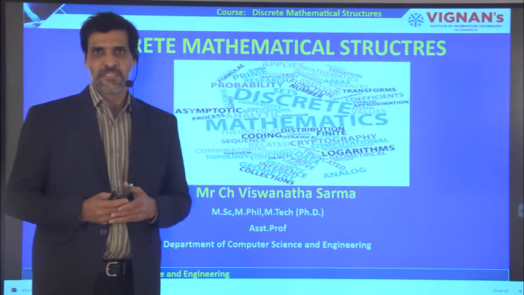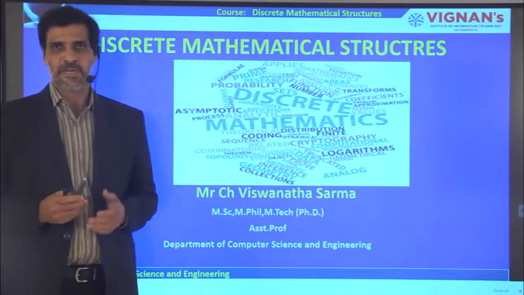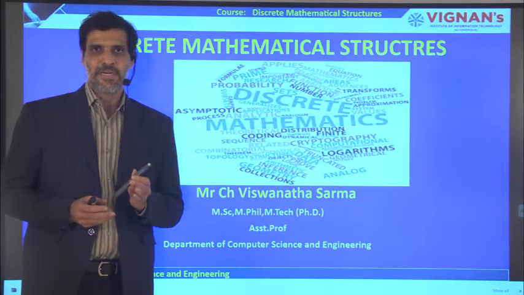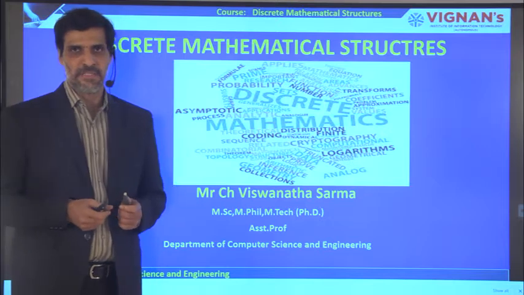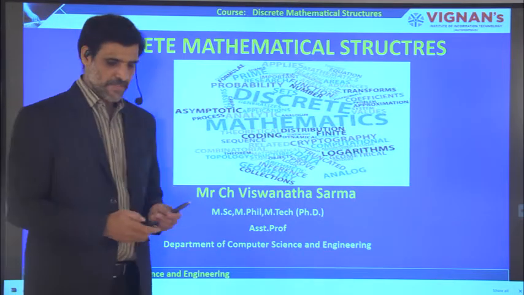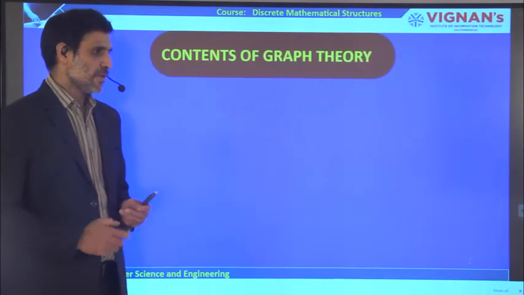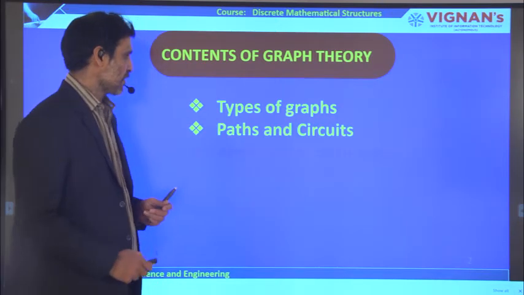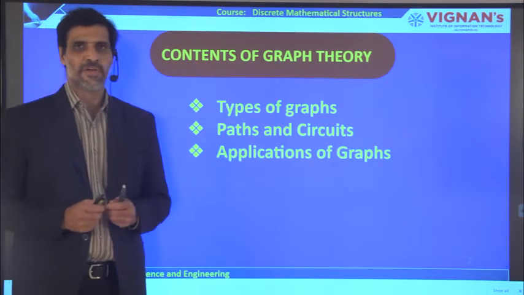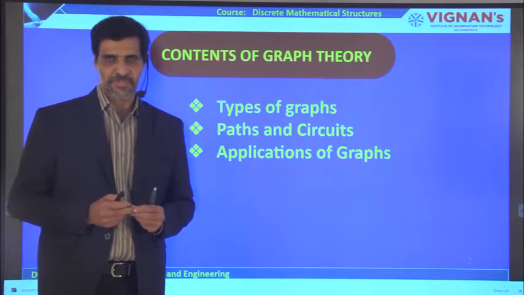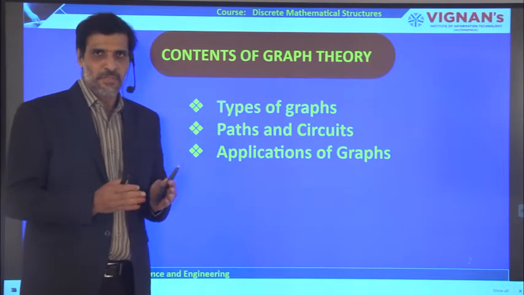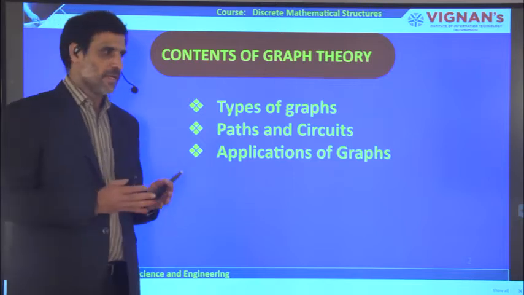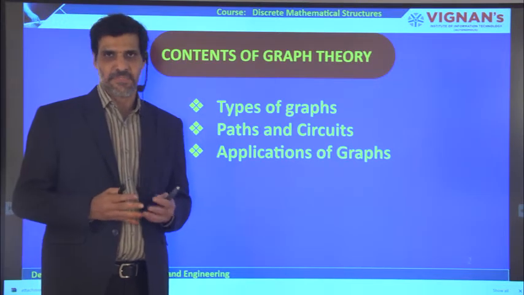In this particular lecture, in continuation of that lecture, we are going to discuss another important content of graph theory, the types of graphs. We are going to discuss types of graphs, next paths and circuits, and then we will go for some applications of graphs. In this lecture I am going to deliver the different types of graphs.